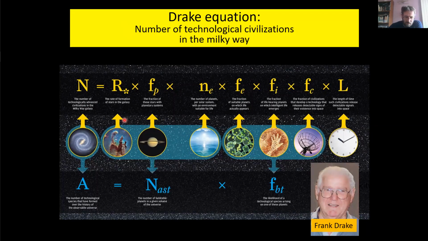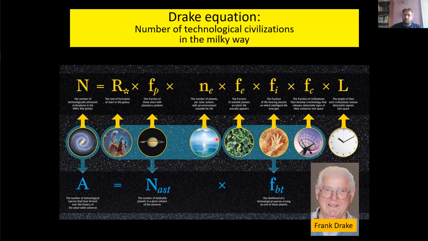It looks at star formation, then the fraction of these with planetary systems, and I think it's only 15% that have planetary systems, at least at the moment. Then the number of planets per system in the habitable zone gives us a feeling.